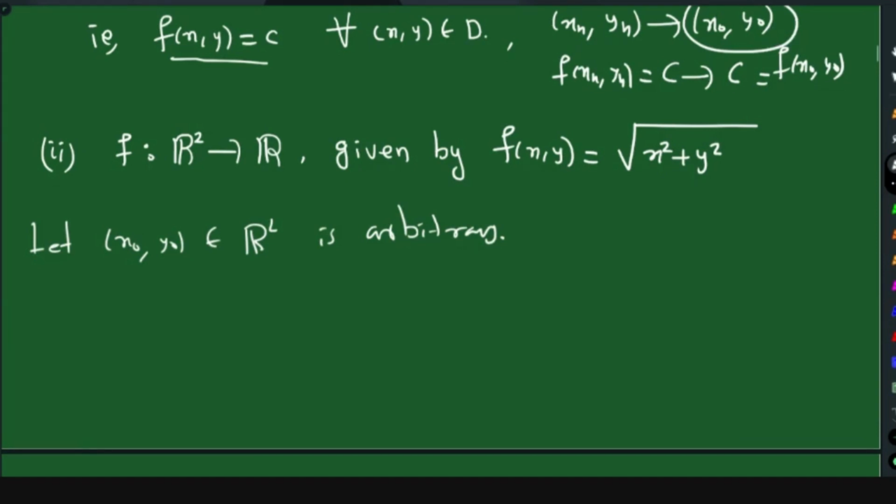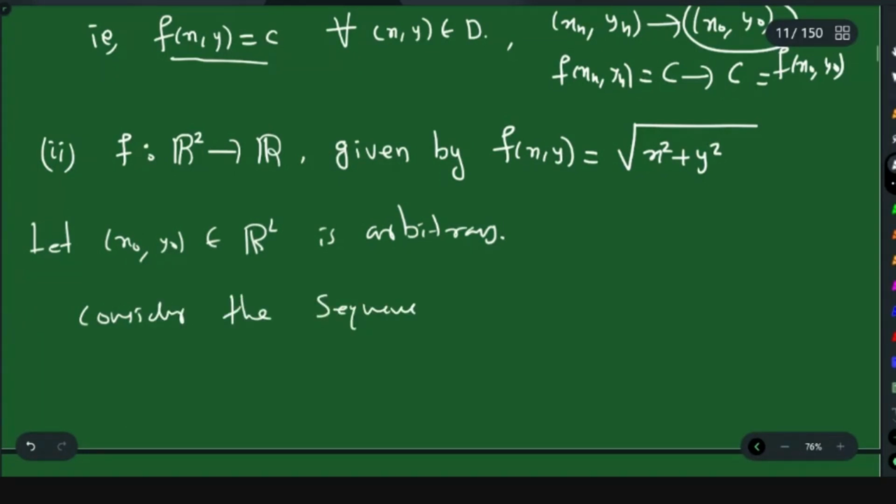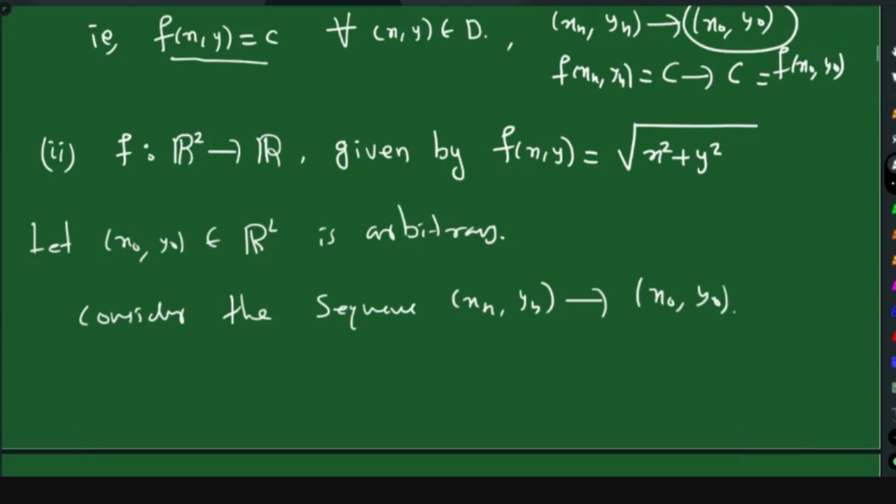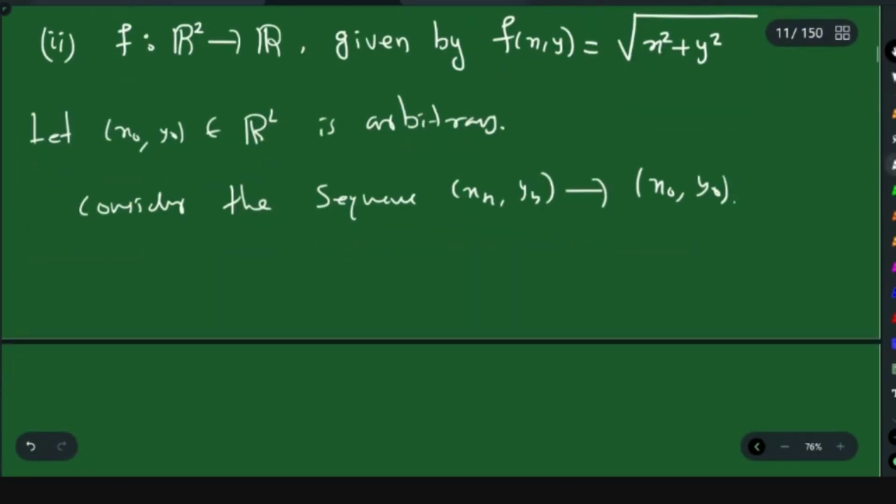So consider a sequence (xn, yn) that converges to (x0, y0). Now you can look at f(xn, yn). Since (xn, yn) converges to (x0, y0), this implies xn is converging to x0 and yn is converging to y0.